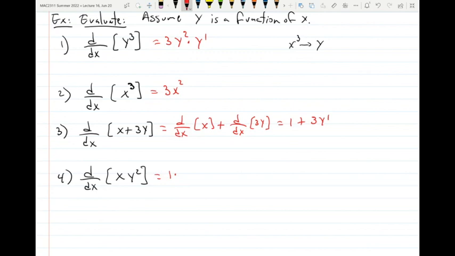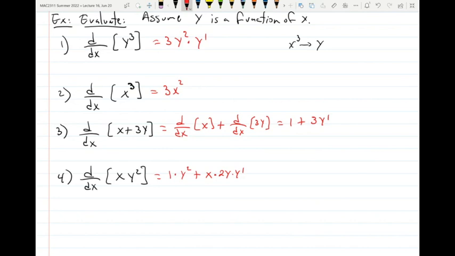No, that's not what the product rule says. What does the product rule say? f prime and g. Okay, what's g here? y squared. So then y squared, right? Okay, what else? Plus x times 2y, times y prime. So 2y times y prime.